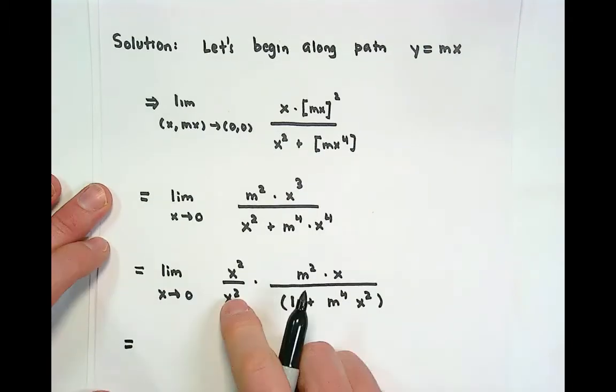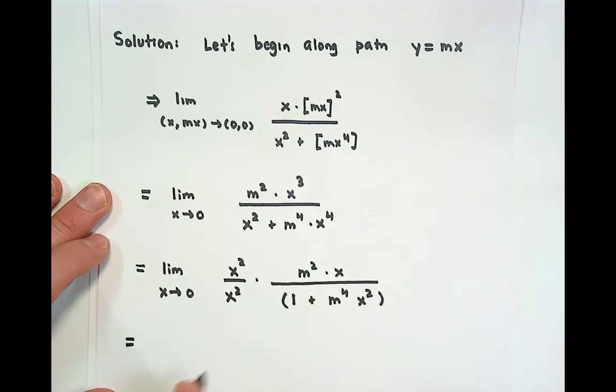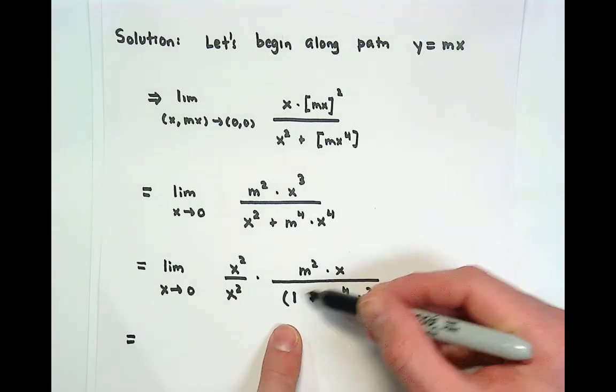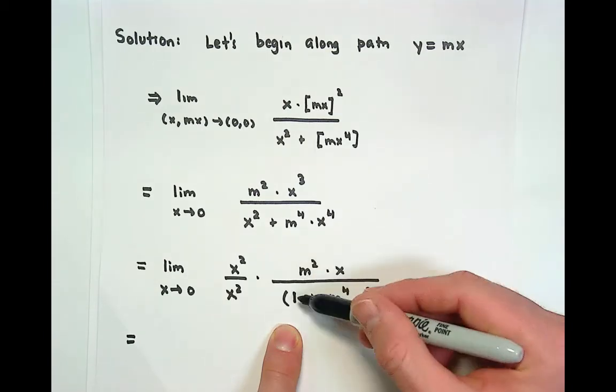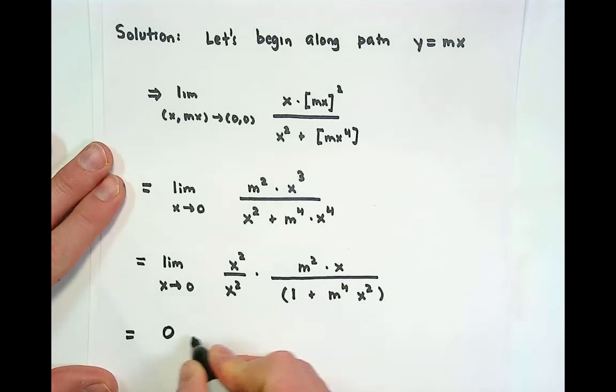If I look at this limit, this ratio goes to 1, and then this goes to 0. Because the top x goes to 0, I've got 0 times m squared divided by 1 plus m to the fourth. So this limit is 0.